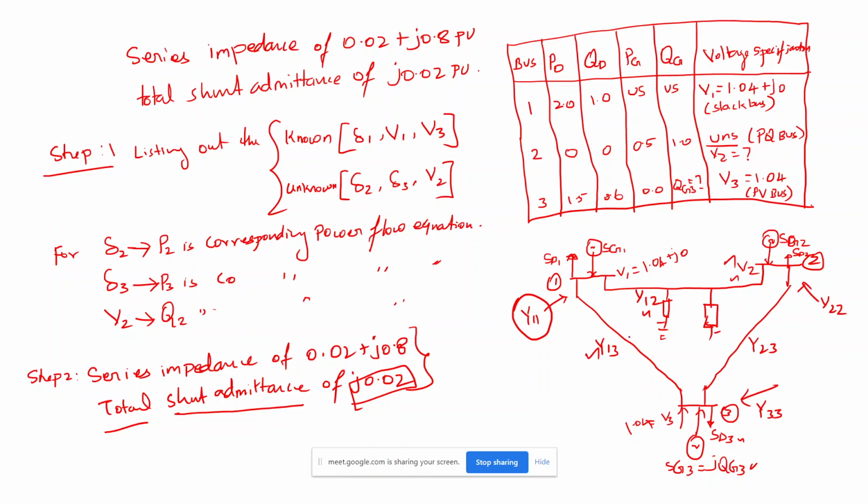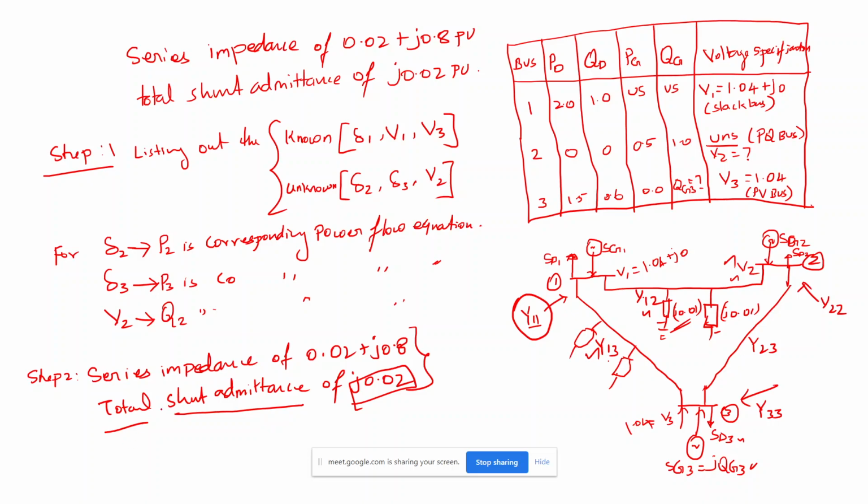Then I will get a shunt admittance of J0.01 here, and here also J0.01. So to calculate the total admittance Y11, I need to add this and this, and also the shunt admittance on this line as well as the shunt admittance connected to the other line.